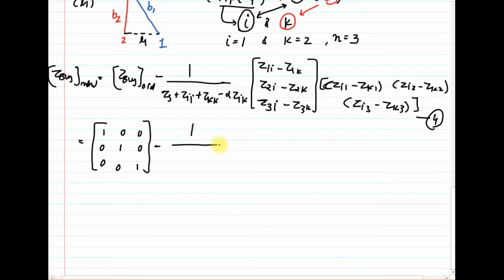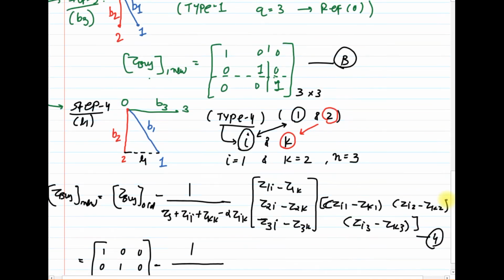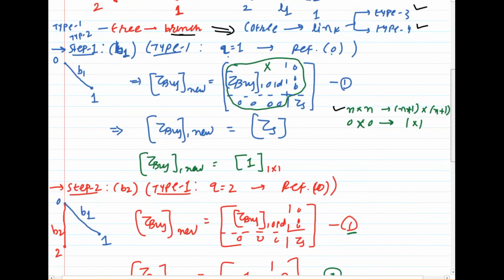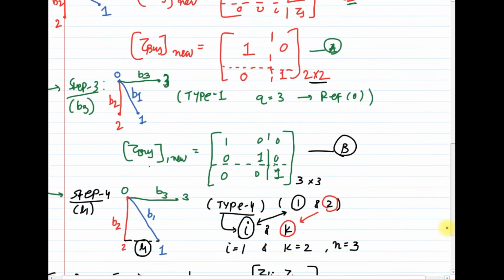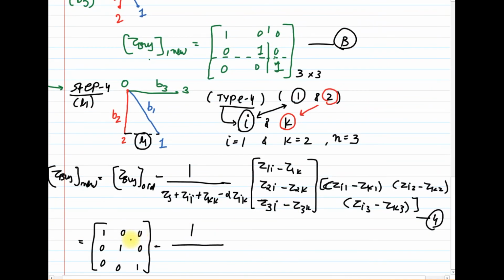Next, 1 divided by the diagonal element, which is ZS. The value of this new element added into the system, like all the elements here, is 1 ohm. So let us consider ZS equal to 1.